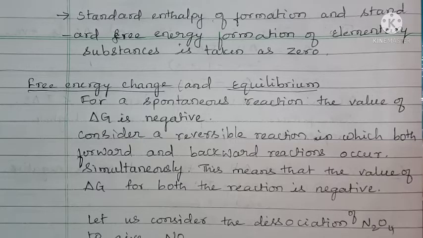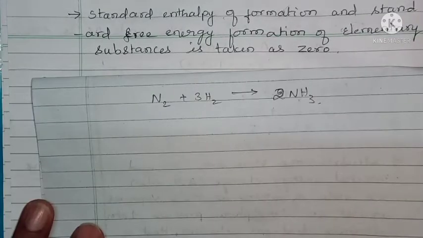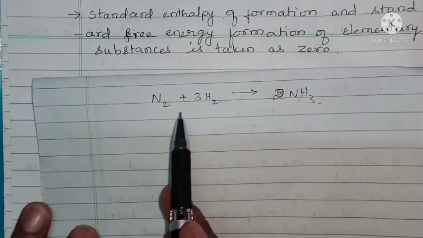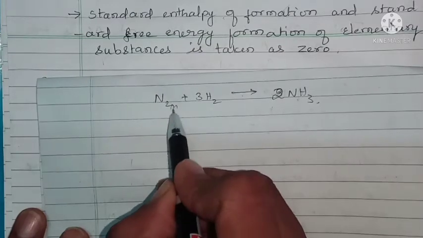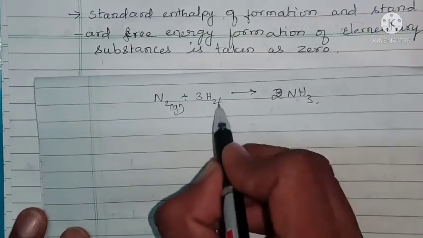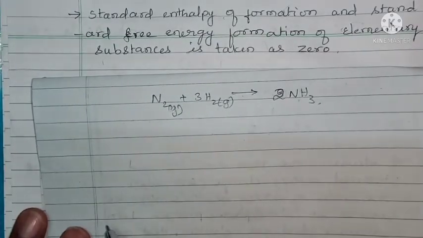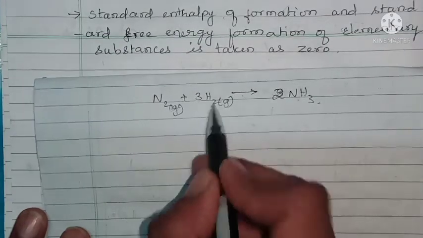In that condition, their standard enthalpy as well as standard free energy is always taken as 0. For example, nitrogen combines with hydrogen to give ammonia. Here, nitrogen and hydrogen are in gaseous state and they are in elemental state.